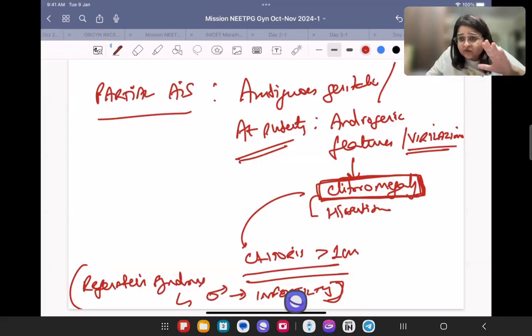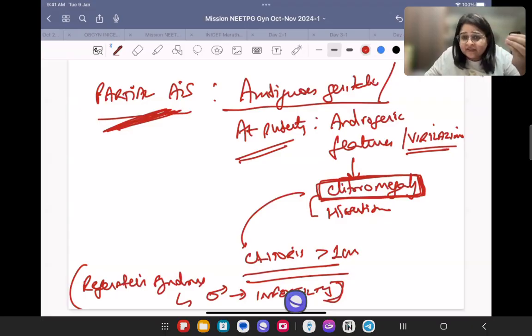Partial AIS is also treated like a female. Yes, partial AIS depends a lot on the presentation. If the genitalia is ambiguous at birth, this again requires a lot of intensive counseling for the parents. A lot of proper work has to go into this.